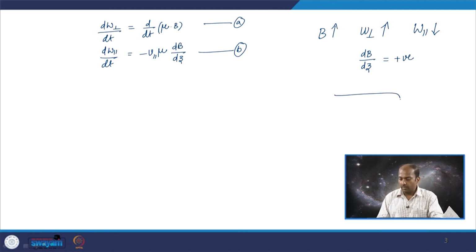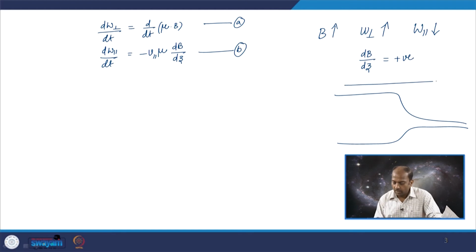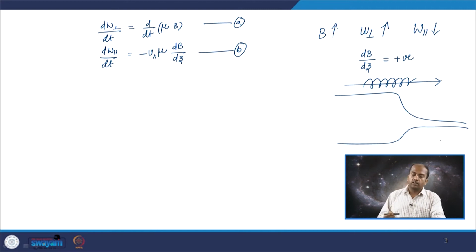As the particle travels in this direction, gyrating of course, the magnetic field is increasing, so its perpendicular kinetic energy is increasing. But the magnetic moment remaining constant demands the total kinetic energy to remain constant.